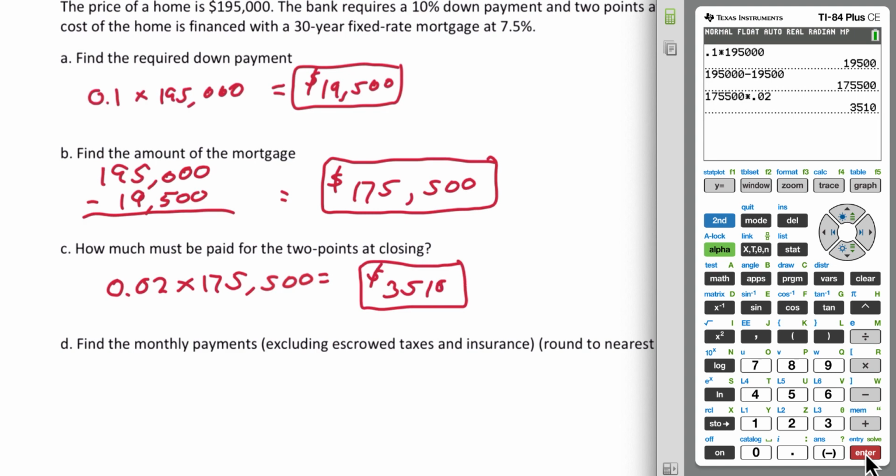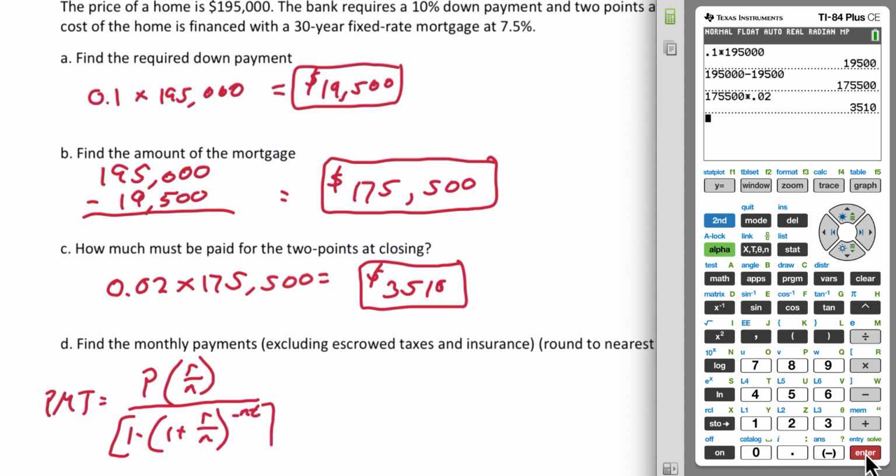Find the monthly payments excluding escrow, taxes, and insurance, and we want to round to the nearest dollar. So the formula that we're going to use is the same formula that we used with vehicles. PMT is equal to P times R over N divided by 1 minus 1 plus R over N raised to the negative NT.